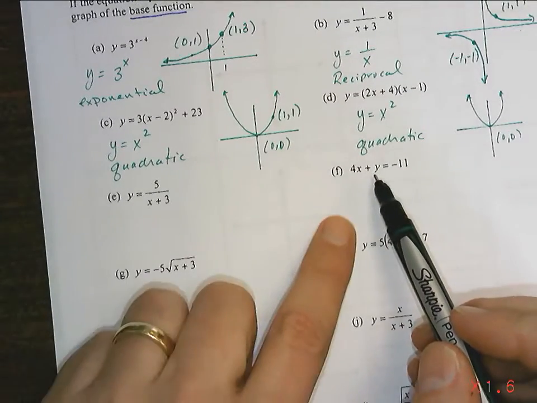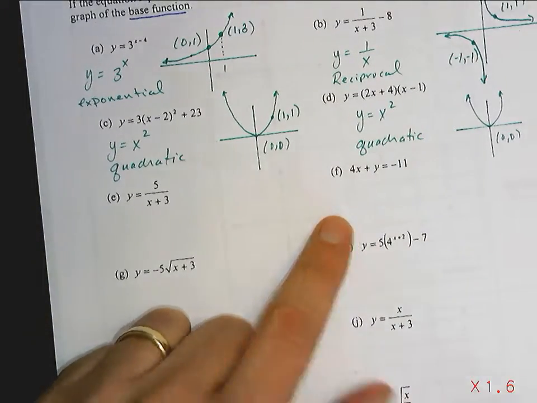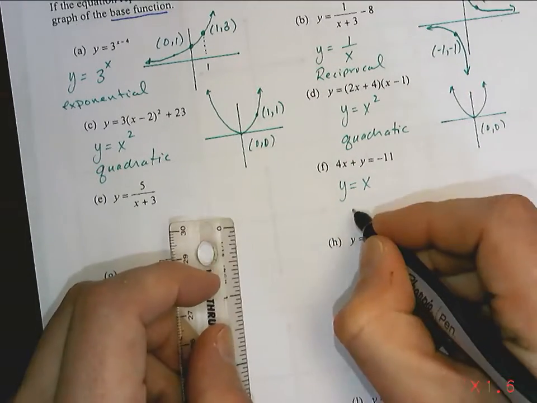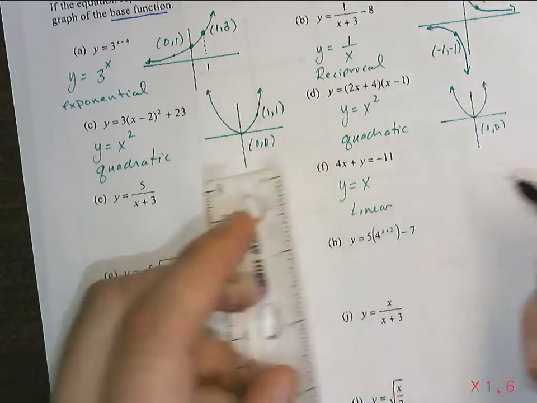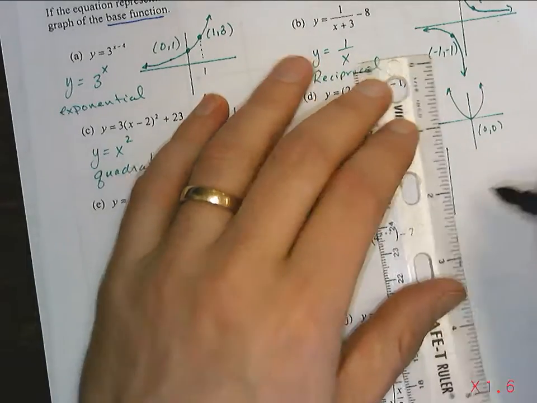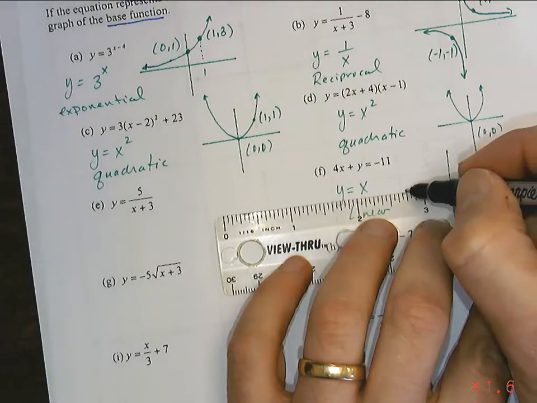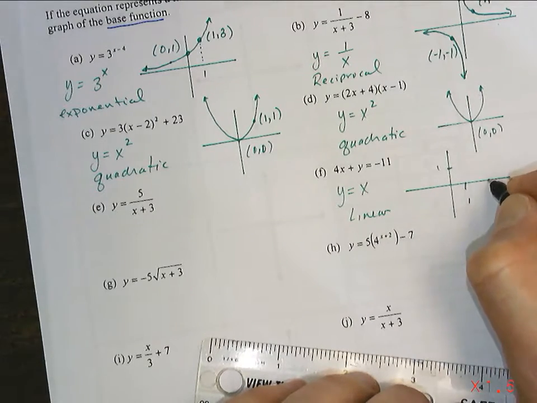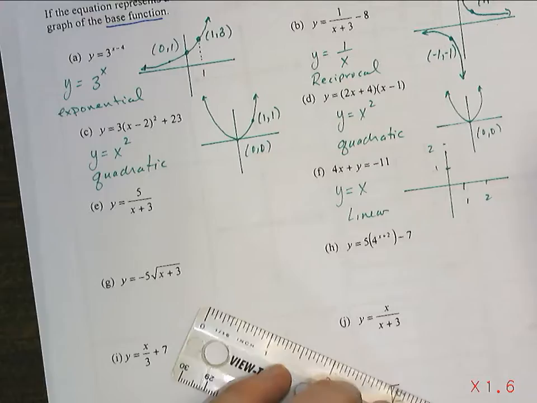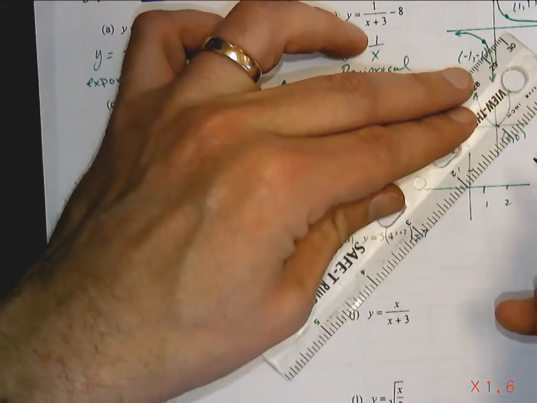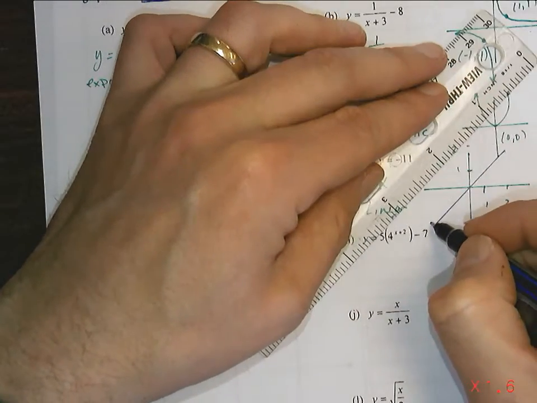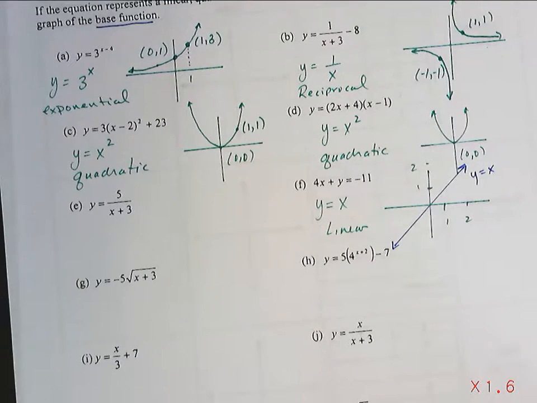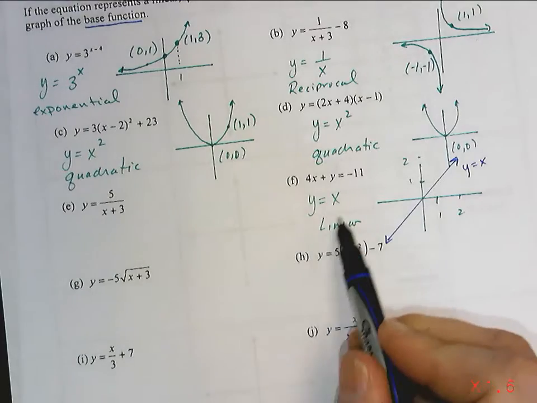This one is going to be a linear function. Its base function is y equals x. It's linear. The very base function, y equals x, is the line that when x equals 1, y equals 1. When x equals 2, y equals 2. And it is the line that cuts through quadrant 1 and quadrant 3 at 45-degree angles. That's your base function for a linear.